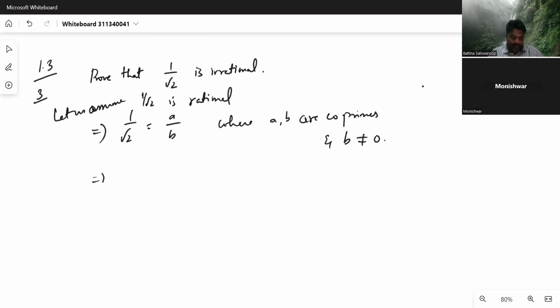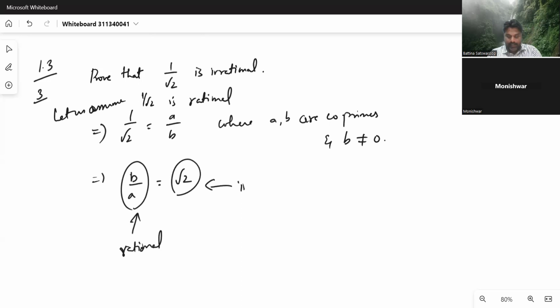So that would mean b by a is equal to root 2. This is a rational value and this is an irrational value. Therefore, our assumption is wrong. 1 by root 2 is irrational by the method of contradiction.